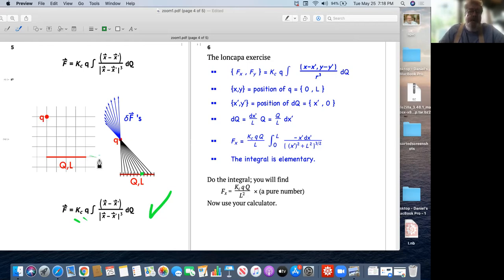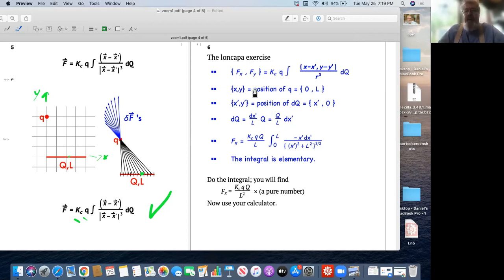So this is the x-axis. This is the y-axis. This point is at point xy. This little section of the rod, that's delta q, is at the point x prime, y prime. So I have x minus x prime, that's the x component of the vector, and y minus y prime, that's the y component of the vector.